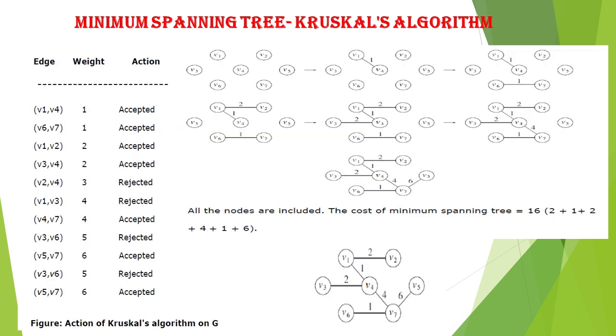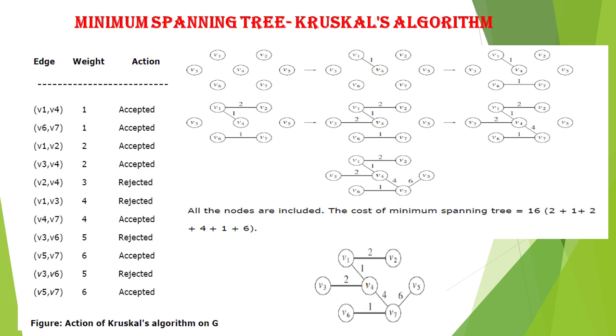So we have created a table with the help of the given graph, and we are about to construct a tree. We have arranged the edges in ascending order: from V1 to V4 there is an edge and its weight is 1. Similarly, V6 to V7 there is an edge and its weight is 1. Similarly, all the edges are arranged in ascending order.